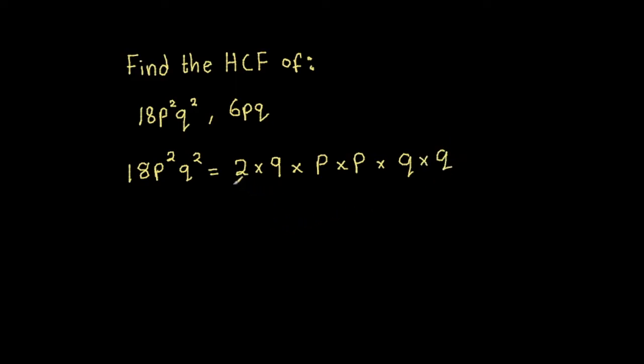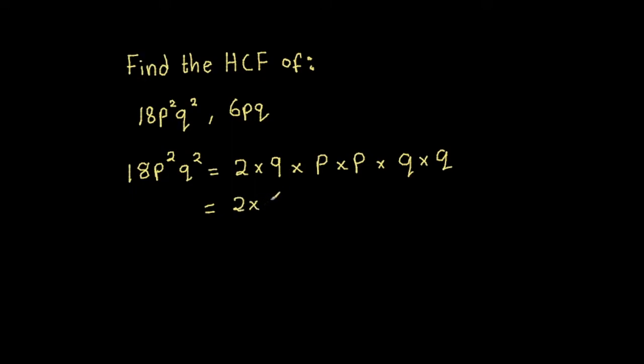Okay, now if we look at what we have here, the only thing that can be broken down further is the 9, right? The 2 is a prime number, so it can't really be broken down. P and Q are variables that we don't know, so we can't really break them down. So the only thing that we can break down here is the 9. So this is equal to 2, and 9 is 3 times 3, right?